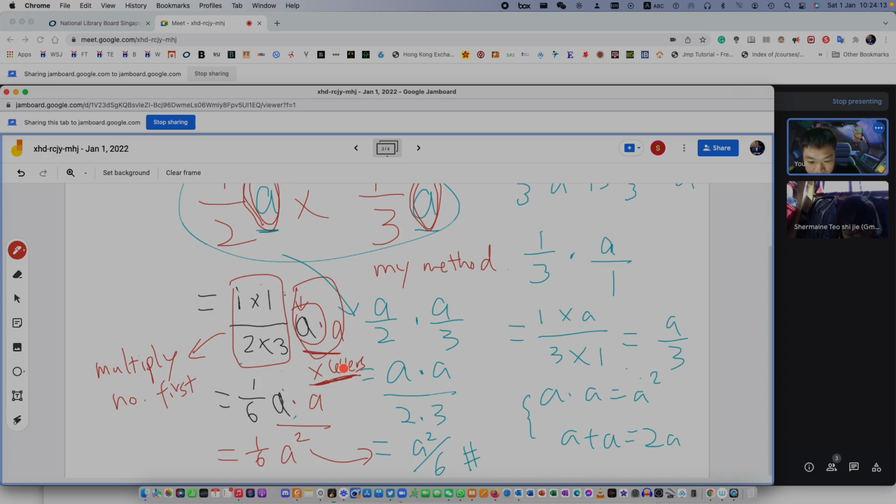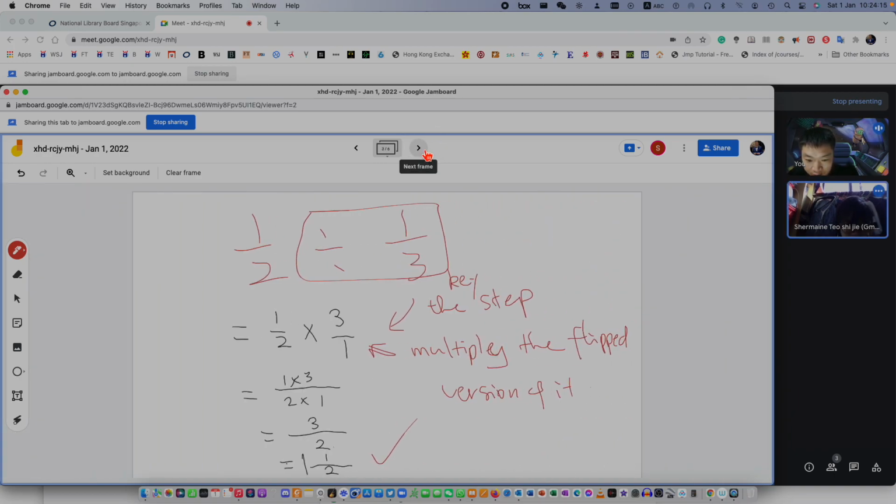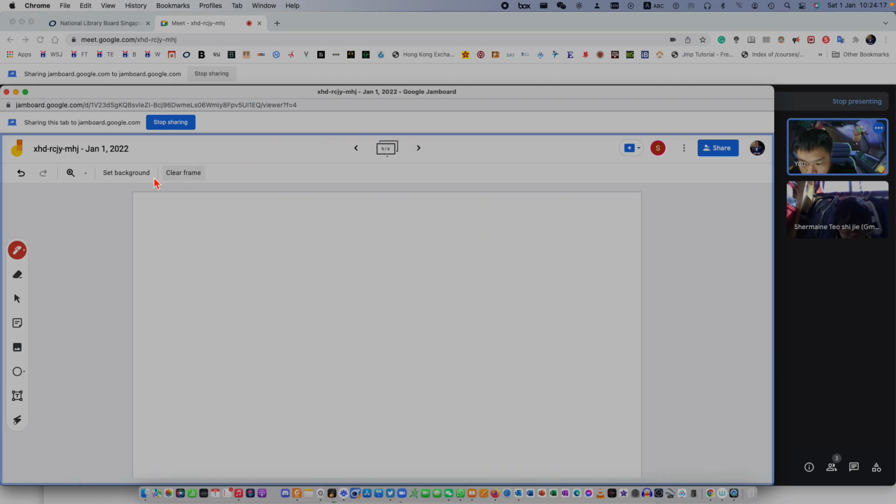Are you clear? Yeah. So let me give you another example. If you have half A times 1/3 B, what is the technique? You multiply the numbers first, right? And then you multiply the letters second, right?